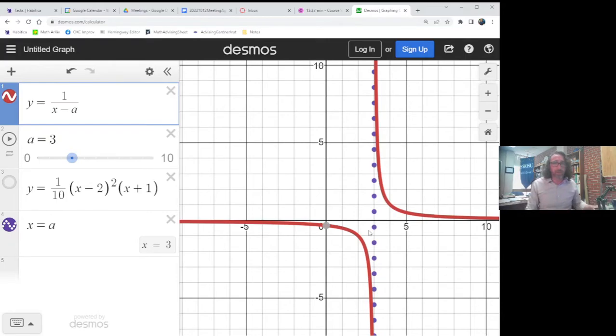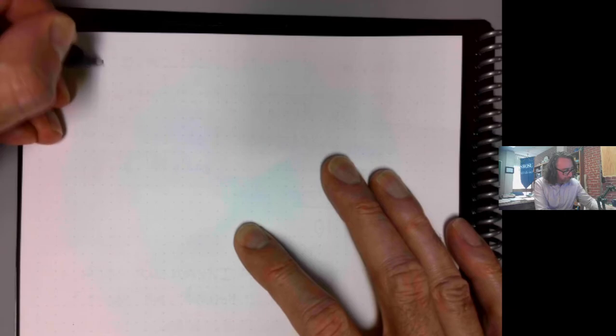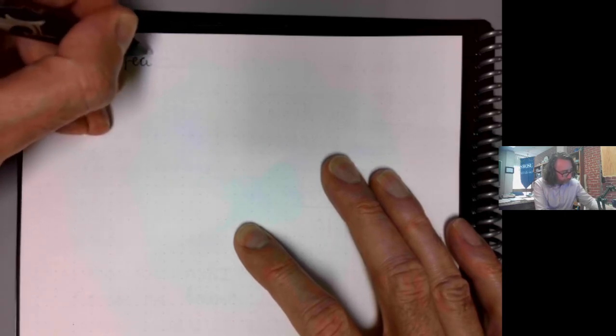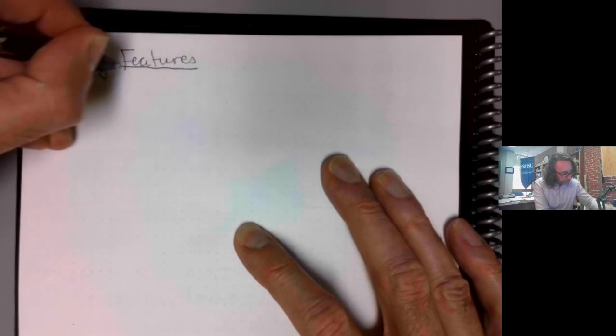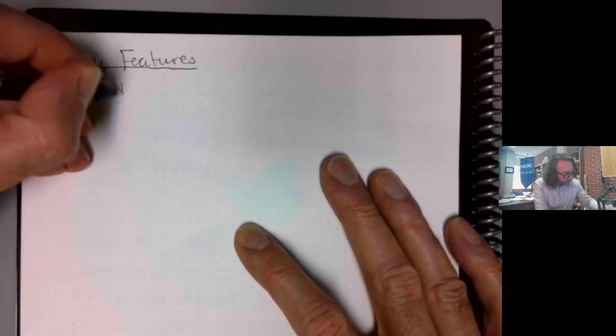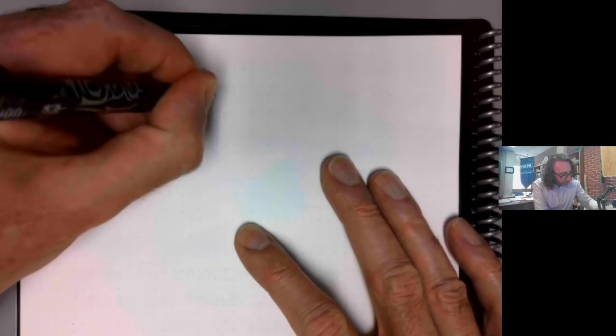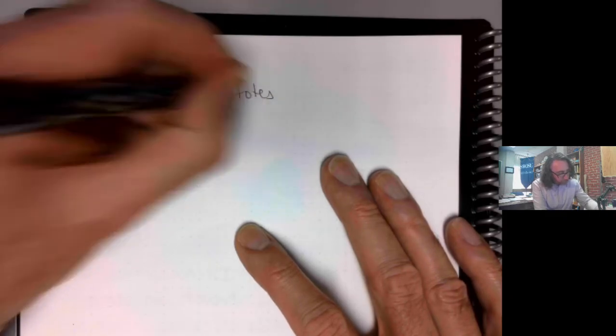Okay, so let's go and kind of talk about some key features of rational functions over here. We'll summarize everything. Rational functions have vertical asymptotes.